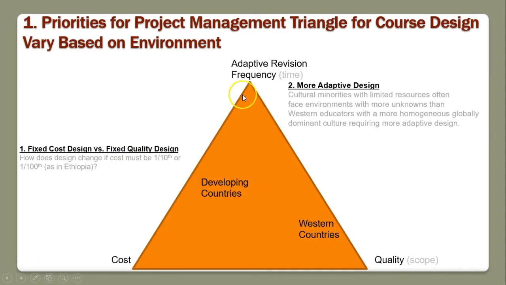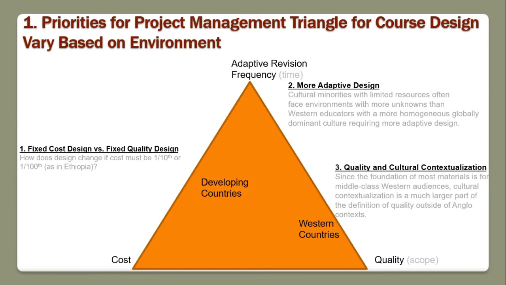Now, the other thing is on speed, I think there's an adaptation frequency and a more adaptive design. So cultural minorities with limited resources often face environments with more unknowns than Western educators. So part of what I'm going to get at is you're going to have to adapt more as you're working in a cross-cultural setting. You can't always follow just the best practice.